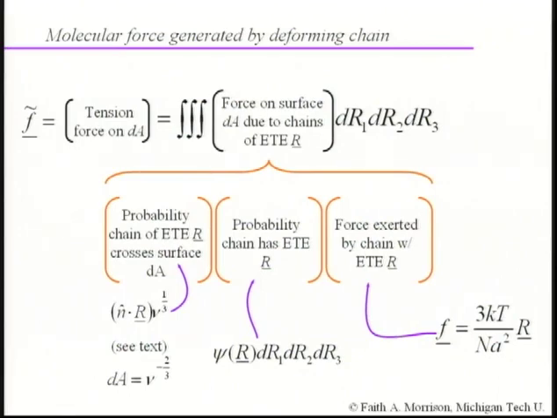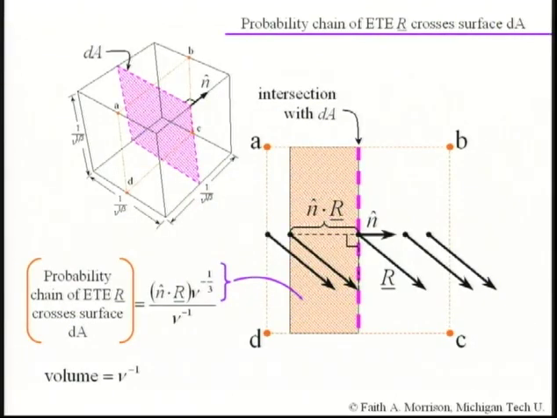So we make a statistical argument to get this force on a chain. And we have to consider the volume in space, and I'm not going through the details.